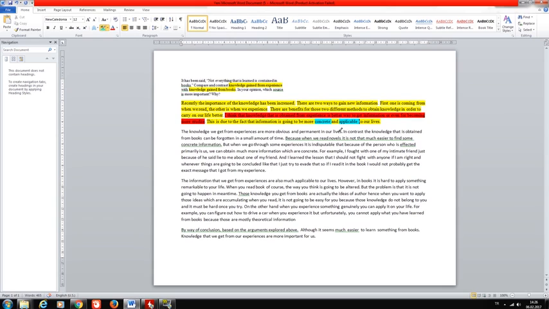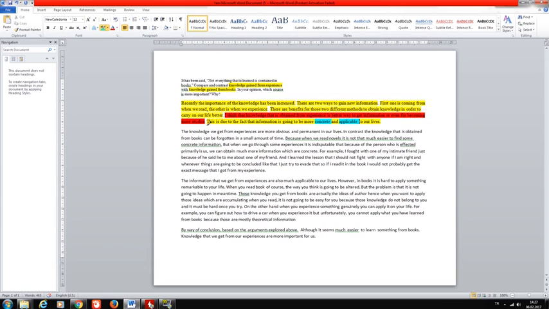To summarize what we have done in the first part of our essay: we started with the general statement. Then we started narrowing down, and we came to a point where we picked our sides. In this sample essay, we were given two sides, knowledge gained from experience and knowledge gained from books, and we went for knowledge gained from experience.